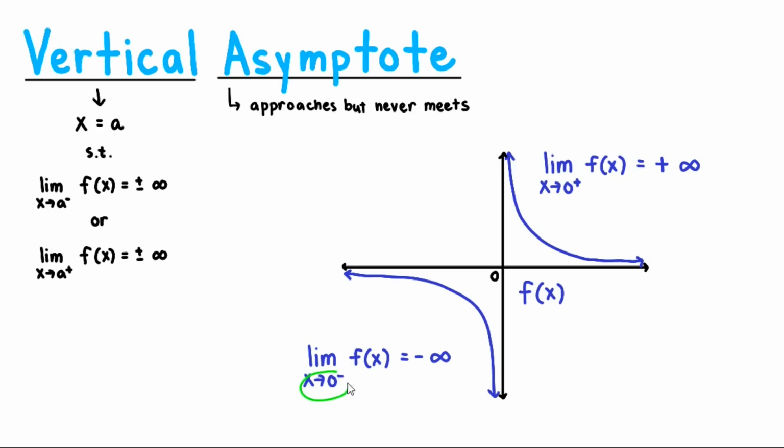So this one out here satisfies the condition for our vertical asymptote. So we can conclude here that the graph x equals 0 is a vertical asymptote for this function. So the vertical asymptote of f of x equals 1 over x is x equals 0. So take note of this one.